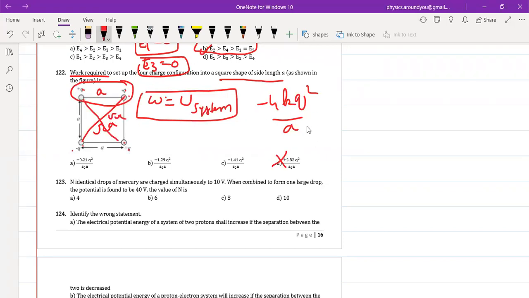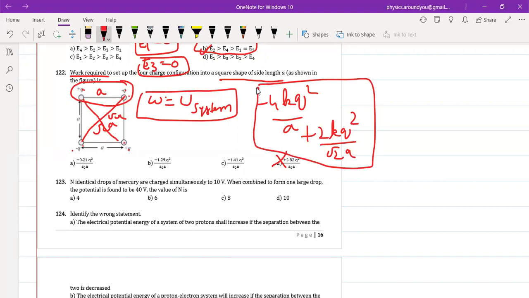So it is plus 2KQ square by root 2A. So this is your potential energy of the system. Please keep note, minus Q into minus Q is plus Q squared. So that is where there's a minus sign over here, plus sign over there.